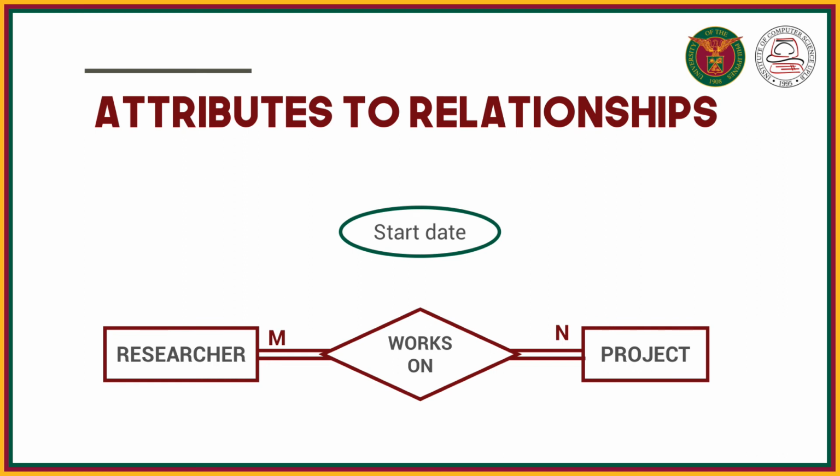And same to putting start date as an attribute of project because we have different researchers working on this particular project. So, very confusing kung kanino nung start date yung nakaspecify doon sa attribute na yon. So, in this case, we put start date as an attribute of the relationship.